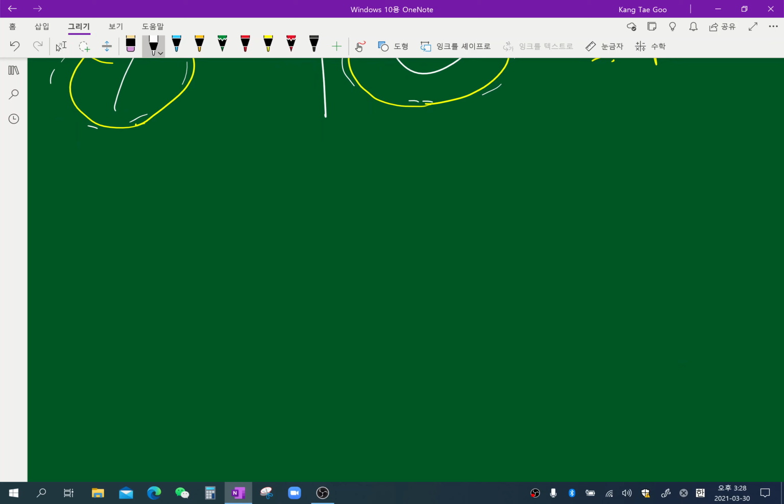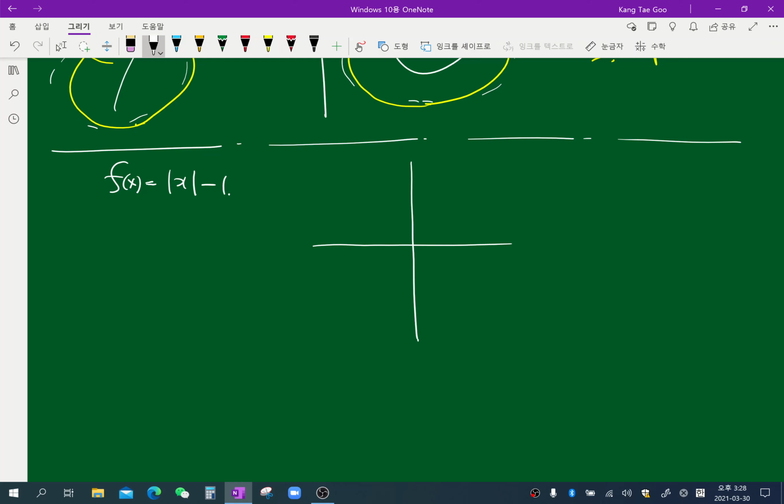Then I'll give you an example. This is a past paper question, I think. f(x) is the absolute value of x minus 1. Draw this. Okay, how to draw this? We have y equals x, and then we have y equals the absolute value of x, and then bring this down by minus 1.